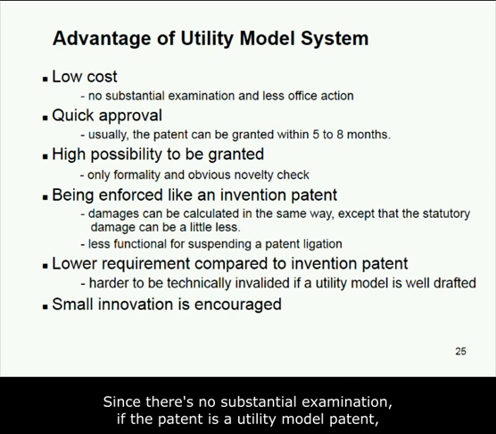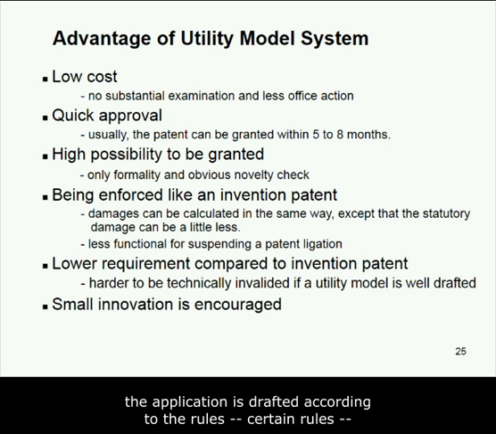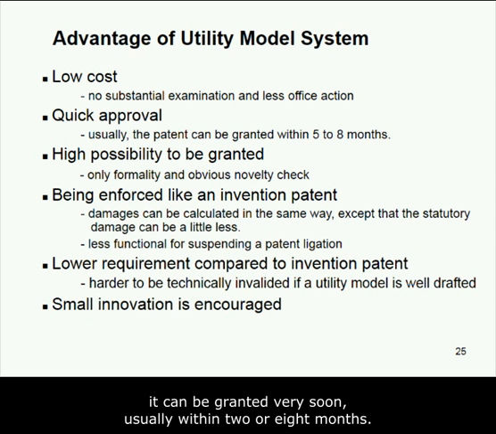If the utility model patent application follows certain rules, it can be granted very soon, usually within 2 to 8 months. It's great.